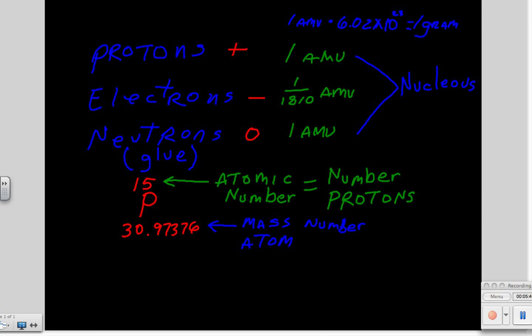What the atomic mass or mass number is equal to is the sum of those particles which make up most of the mass of an atom. So that would be the protons and the neutrons. Protons and neutrons, when added together, are going to equal the atomic mass. So that's equal to protons plus neutrons.